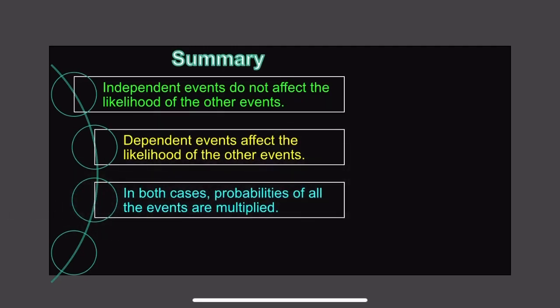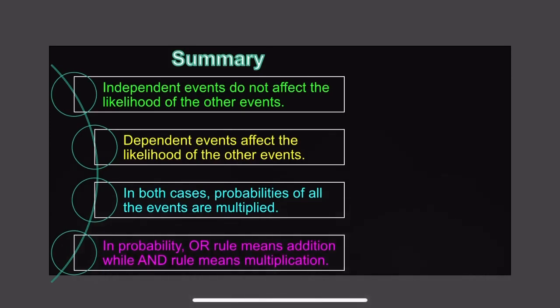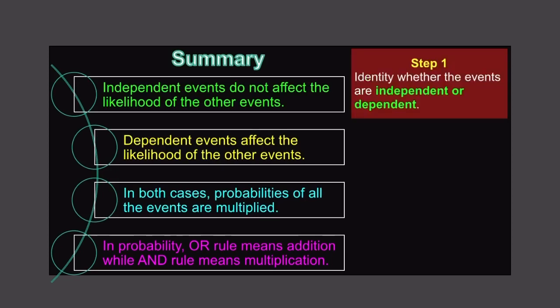In addition to this, we know that in both cases, in independent or dependent events also, since they are combined events of independent and dependent, we multiply the probability of all the events. Okay. So in this we use the AND rule. Also you know that in probability the OR rule means addition while the AND rule means multiplication.